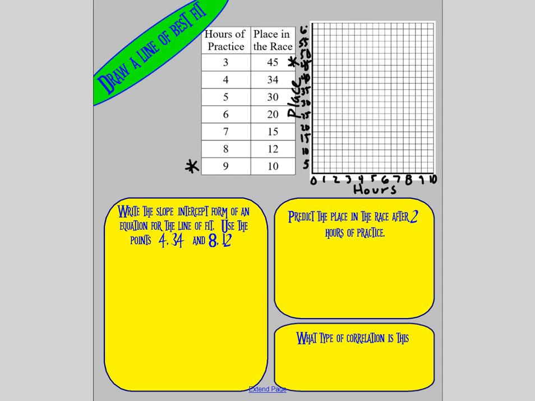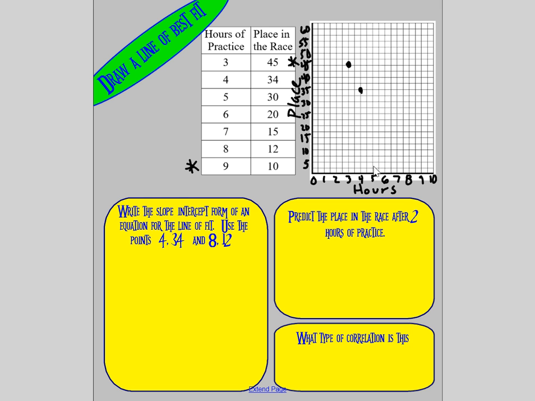Okay. Now let's go ahead and plot these points. At 3 hours of practice, you can expect to take about 45th in the race. So we put a dot at 3, 45. With 4 hours of practice, you can expect to take 34th place. So at 4 hours, we're going to go right about to 34th place right there. 5 hours, so we have 5, 30.